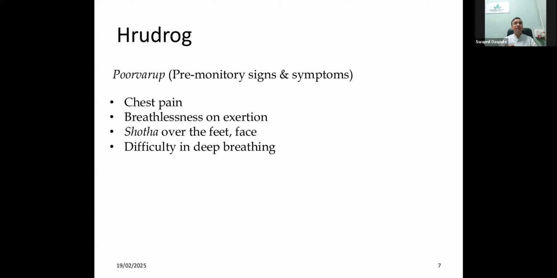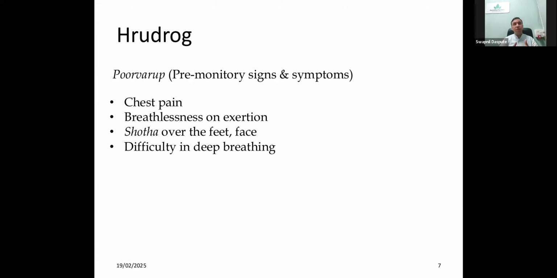Shotha over the feet and face. Okay, so Shotha will be seen because the strength of the heart is reduced. So in that functional abnormality, the venous backflow comes with less pressure, because the pumping is with less strength. Hence, the blood which flows back is reduced.